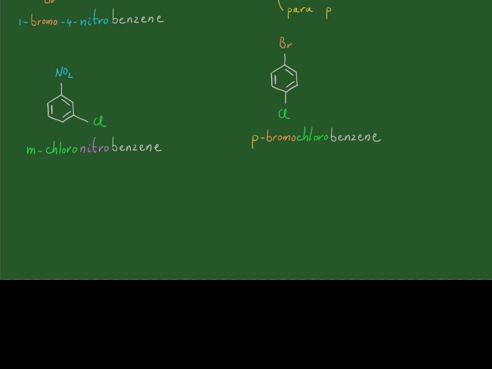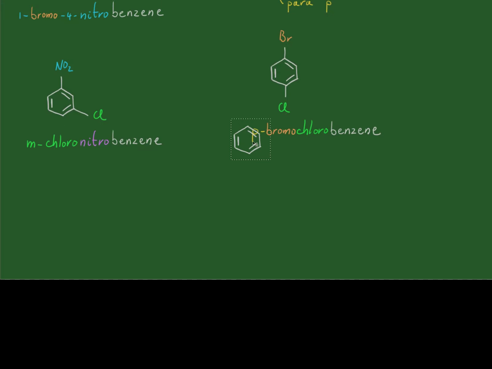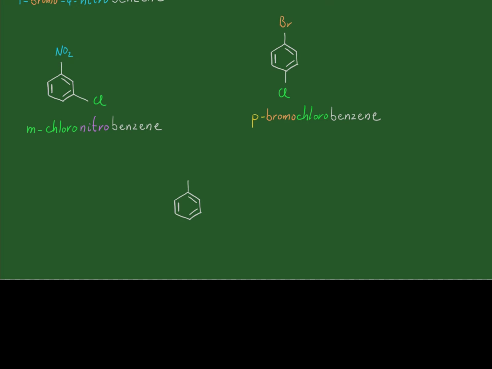Let's do one more. So here we have it again. And once again, we need two substituents. And please note that this naming convention where we use the letters O, M, P, ortho, meta, and para, works only if we have two substituents. So we can have chloro and chloro this time.